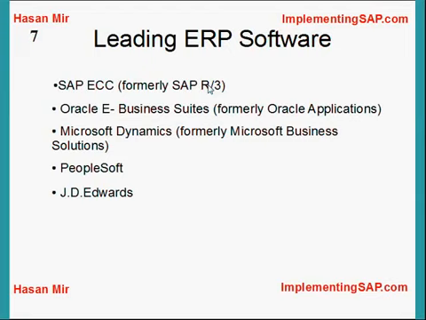Microsoft also produced their ERP called Dynamics, formerly known as Business Solutions. Okay, PeopleSoft and JD Edwards were also big players. PeopleSoft was purchased by Oracle, and JD Edwards was purchased by PeopleSoft. Now both PeopleSoft and JD Edwards are part of Oracle Corporation.